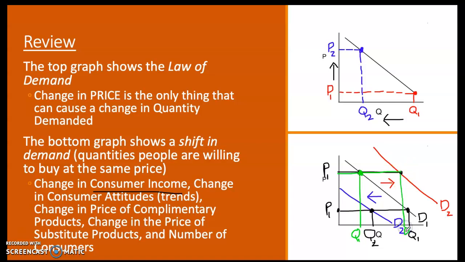Okay, so if we were to draw that down here, you can see an increase in the quantity demanded. We went from Q1 here, and then that shifted over to the right. So the quantity demanded increased. The price of the product, remember, is not changing from D1 here in black to D2 here in red. Remember, it's quantities people are willing to buy at the same price.